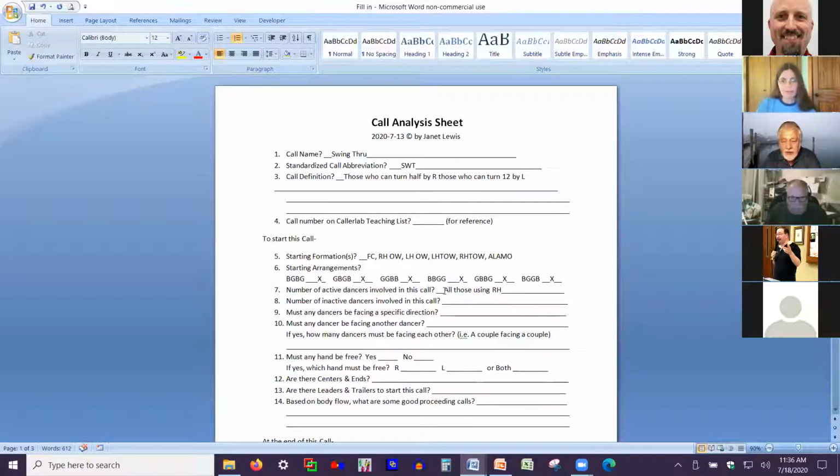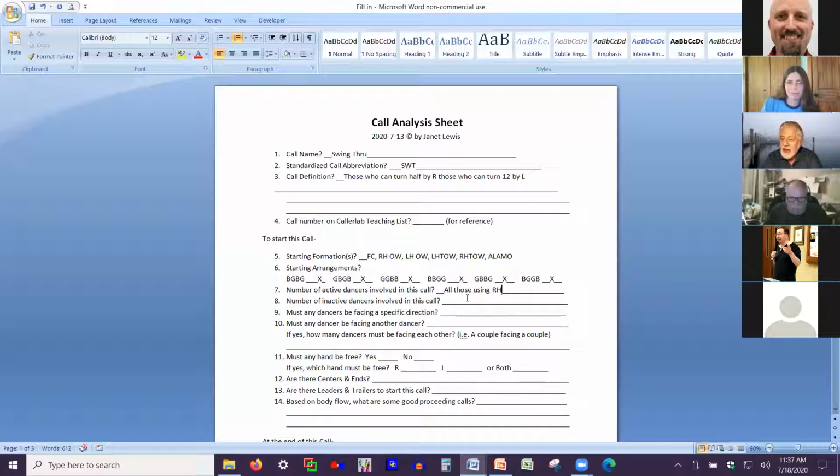Because if you are in a left-handed wave, or like a right-handed tidal wave, a left-handed tidal wave, the two very end dancers are not active at the beginning of the call. See, this is at the beginning of the call. They're not active. Well, I guess that depends on what you meant when you wrote that.